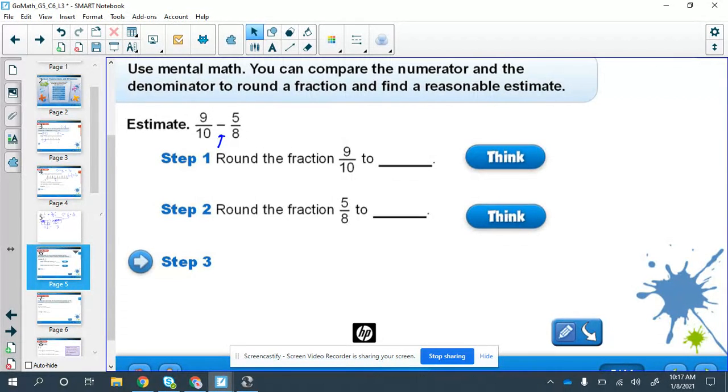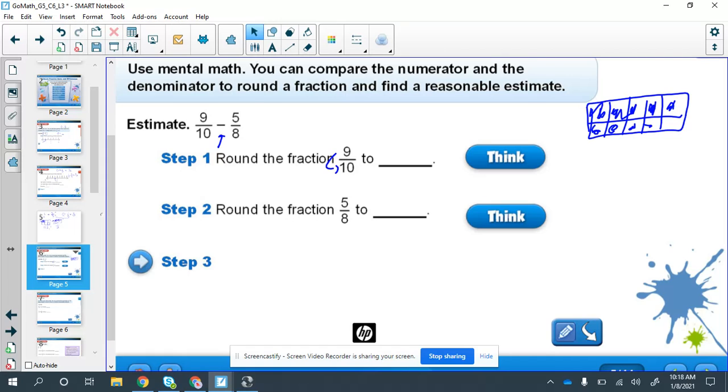So the first thing I'm going to do is look at 9/10, and I'm going to think, oh, well, 9 is almost 10. So if 9 is almost 10, then that means that if I were to draw a picture of 9/10, I would shade in 1, 2, 3, 4, 5, 6, 7, 8, and 9, right?